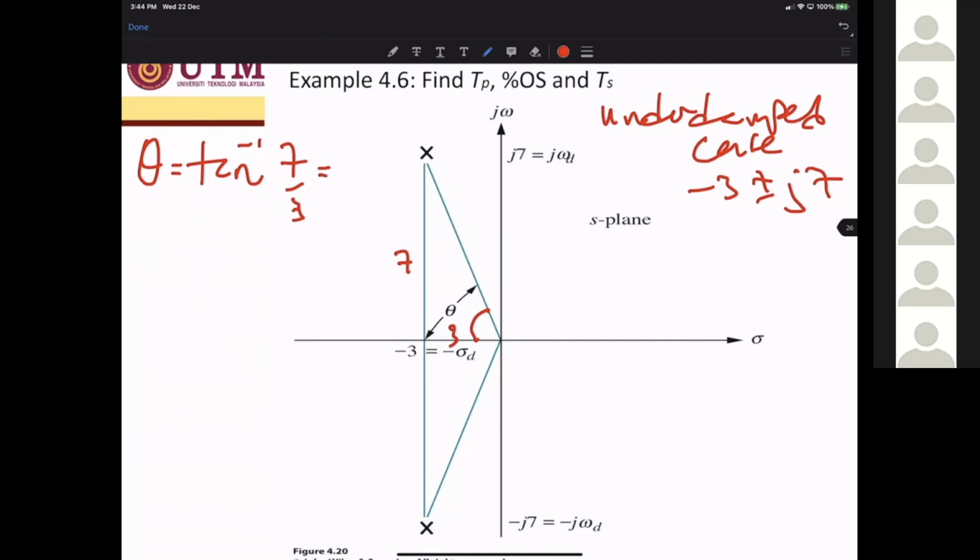Arctangent 7 divided by 3. What angle? Degrees. 66.8. Zeta is equal to cos theta. Cos 66.8 is 0.39. It is underdamped, right? It's between 0 and 1.